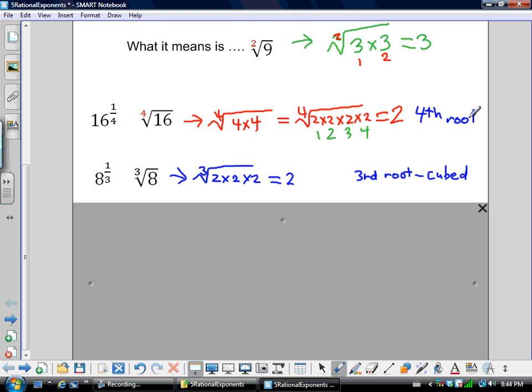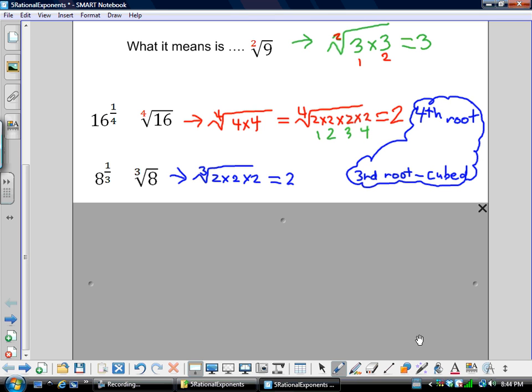Okay, now when it was a 2, such as my example with the 9, that is called a square root. Now, because square roots are used so often in everyday life, if you look at your calculator, its square root button doesn't have a 2 there. So if there isn't a 2 there, and isn't a 4 or a 3 or another number, then we just assume it's a square root.